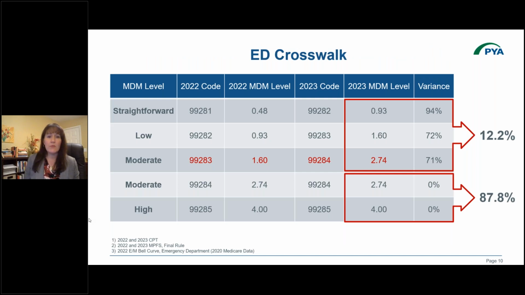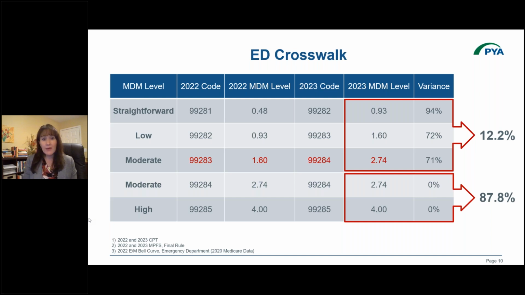I want to share this crosswalk, as I just mentioned, because again, the volume of services as compared to the change in work RVUs matters. The national distribution for ED services for the Medicare E&M bell curve is 87% of the services are billed at the 99284 and 99285. As you see, there's a 0% change to the work RVUs for those 2 codes.